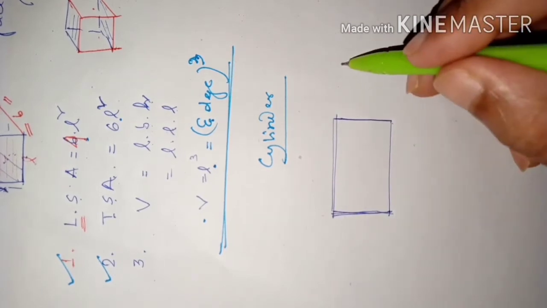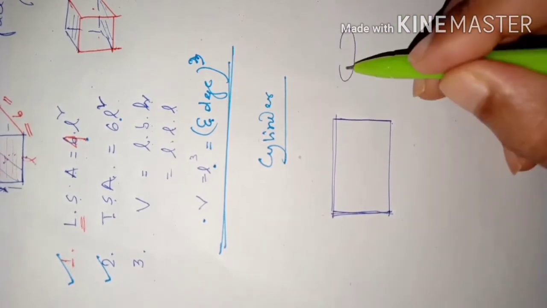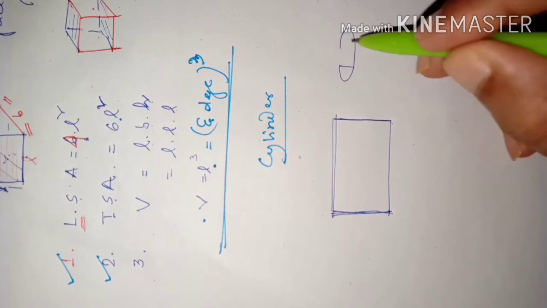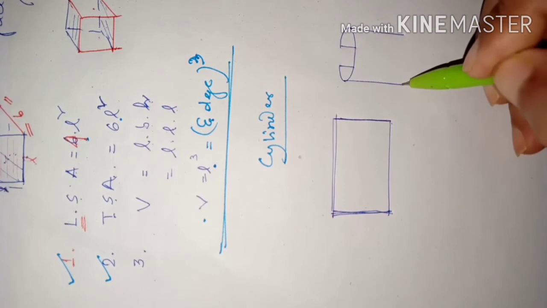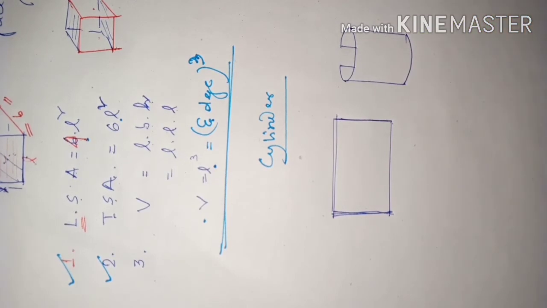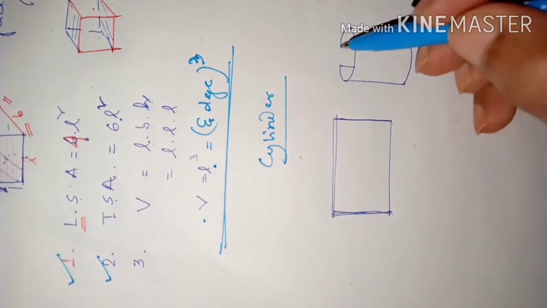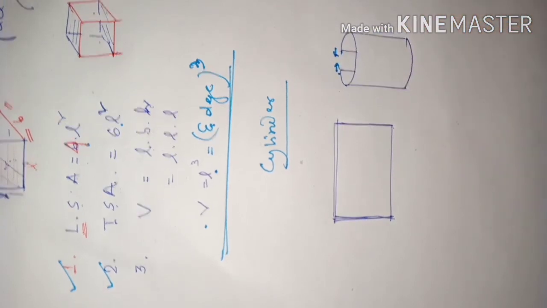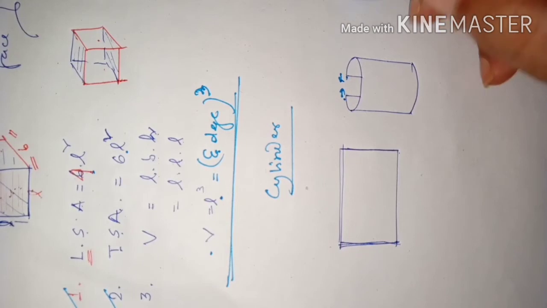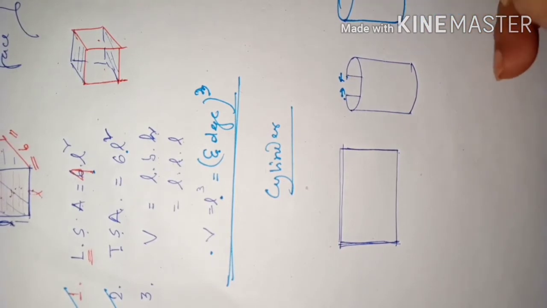Then it may take some shape like this. Then you have joined this end to this end, no? These two ends are joined. Then at the end, what shape will we get? A cylinder shape. We will get a solid like this.